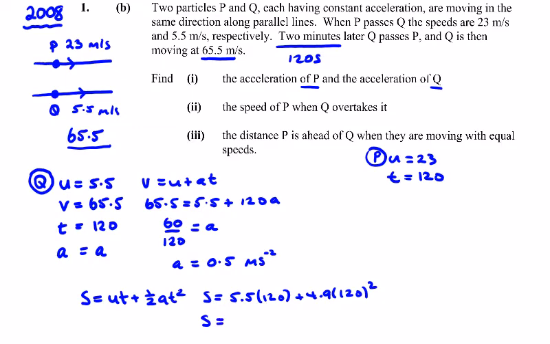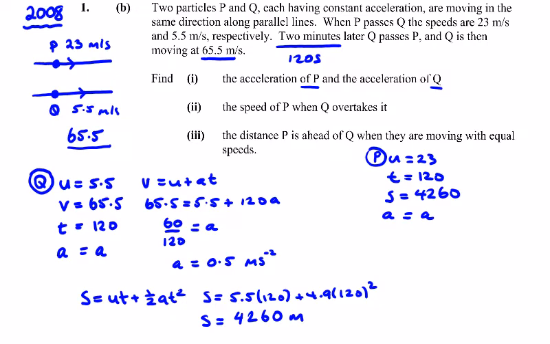And this works out to be 4260 meters. So now we know that P has traveled 4260 in this time period, and we are looking for A, the acceleration of P.